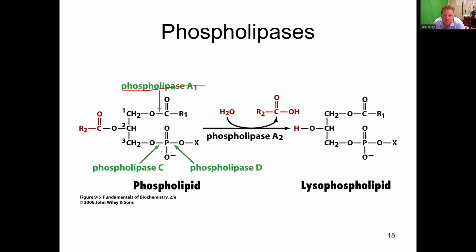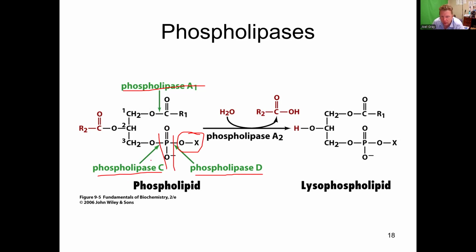Phospholipase D and phospholipase C are both acting on carbon number 3, but the difference between them is where they are going to cut. Phospholipase D is going to leave behind the phosphate group and release whatever head group is present. Whereas phospholipase C is going to cut on the glycerol side of the phosphate, and so it's going to release a phosphorylated head group.